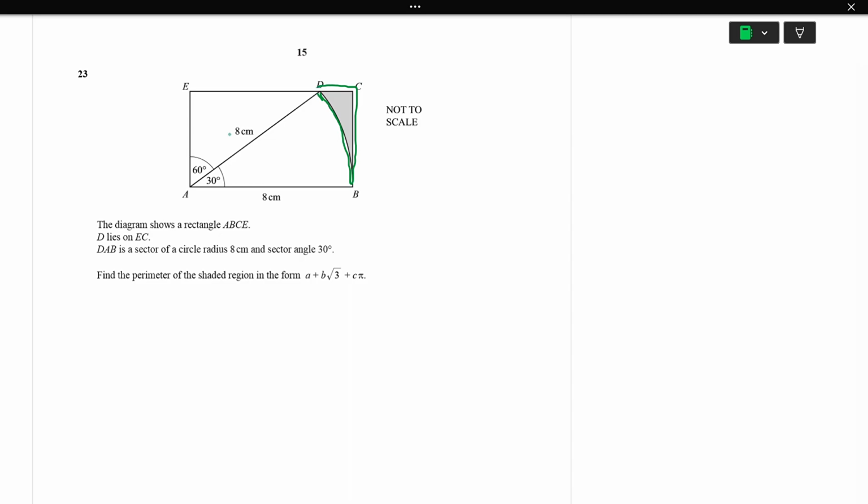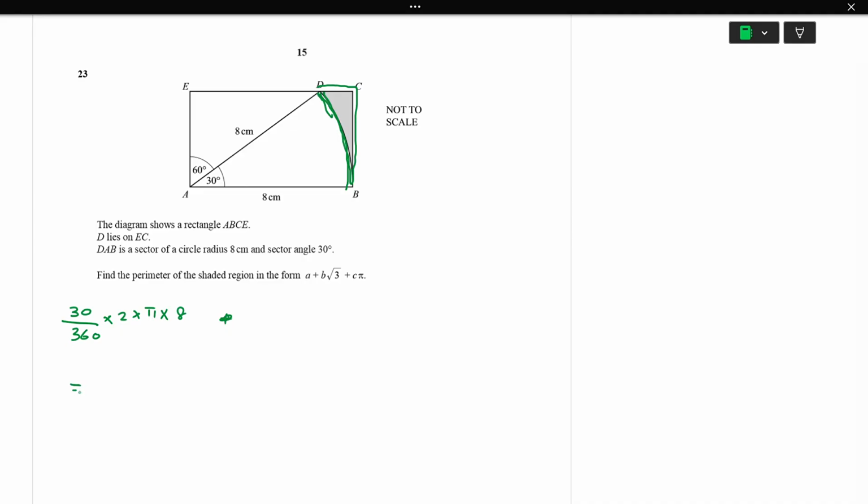First I'll do the curve length, which is a sector. How to find the arc length: the angle is given, 30 divided by 360, so theta by 360 times 2 pi r. Our radius is 8, since AD is the radius. Plus, how to find this? Okay, I'll do it separately.